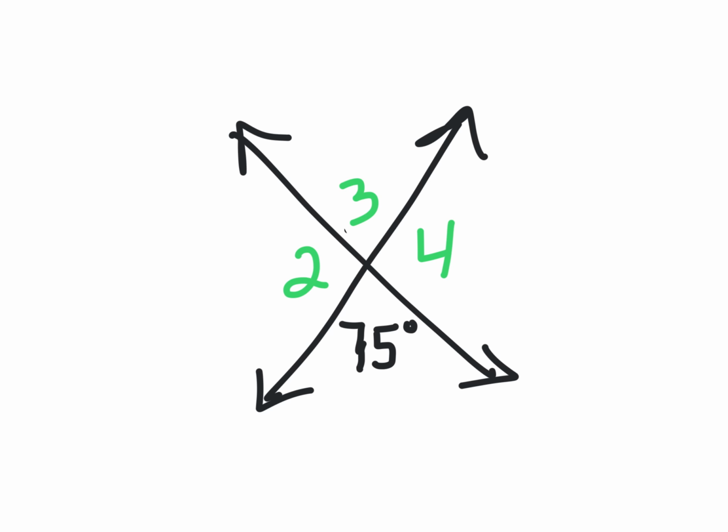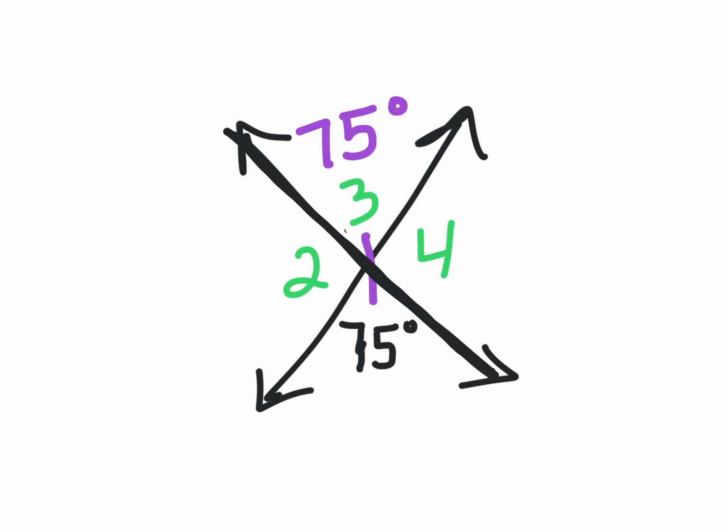So here I was given one angle measure, and the directions would say, find the measure of angles 2, 3, and 4. Well, I hope you're thinking angle 3 is the vertical angle to the angle that is 75 degrees. It's across from it. So angle 3 would also be 75 degrees. Now, I'm hoping that you're able to see that this is just a line.